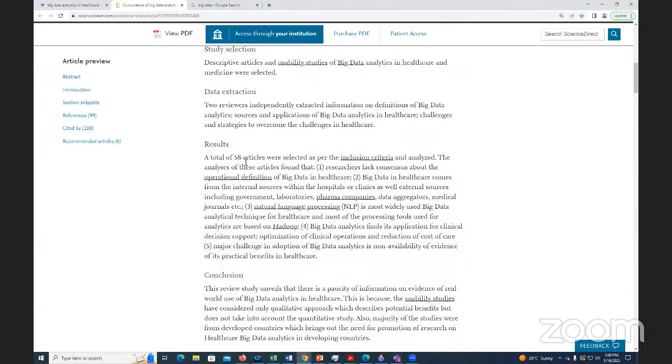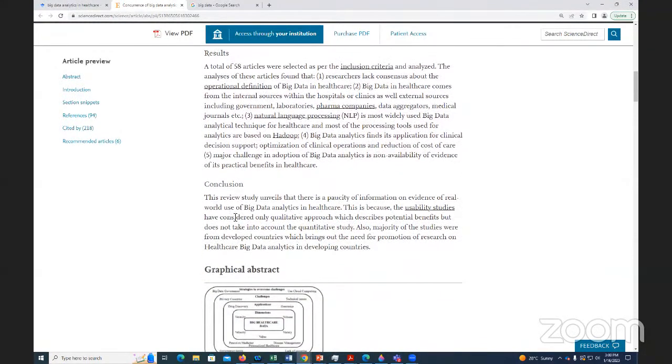They found 58 articles, and they had different categories of those articles. And the conclusion is there's a paucity, that means a small amount. There's a small amount of information on the evidence of real world use of big data analytics in healthcare. That is because of the usability. Anybody knows what that word means?